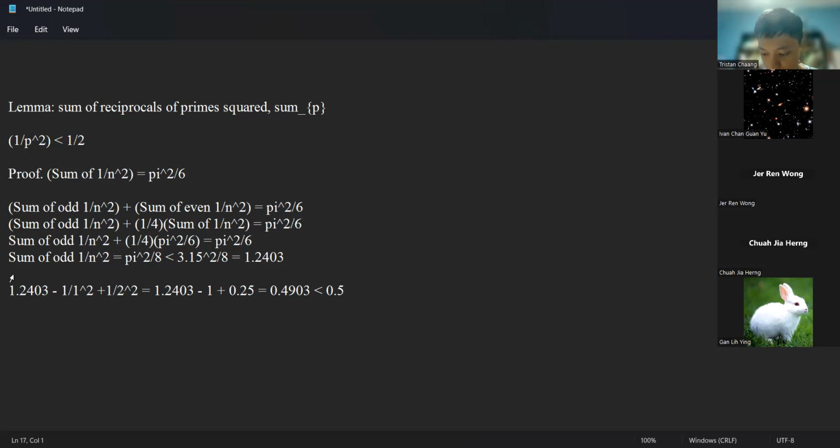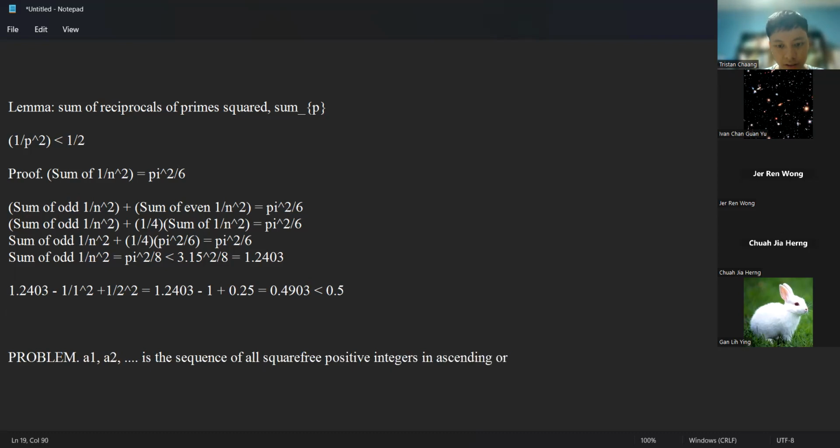Okay. So let's do this one. Problem: A1, A2, ... is the sequence of all square-free positive integers in ascending order.